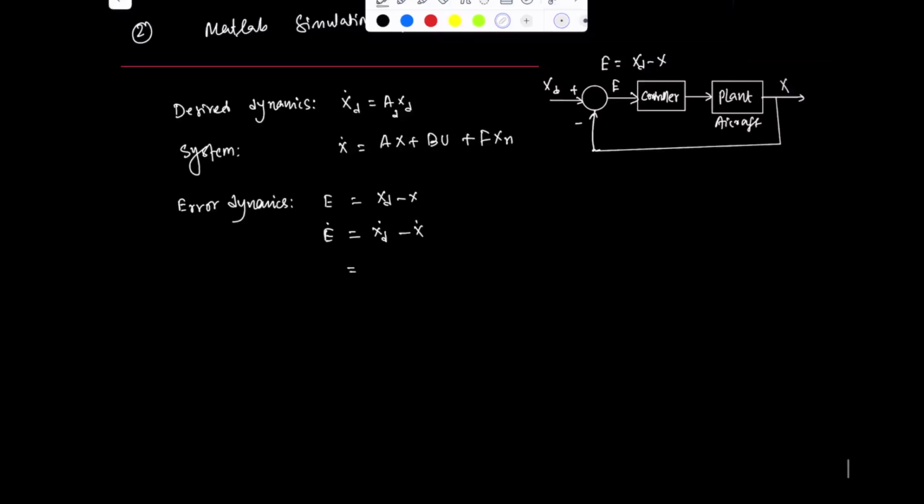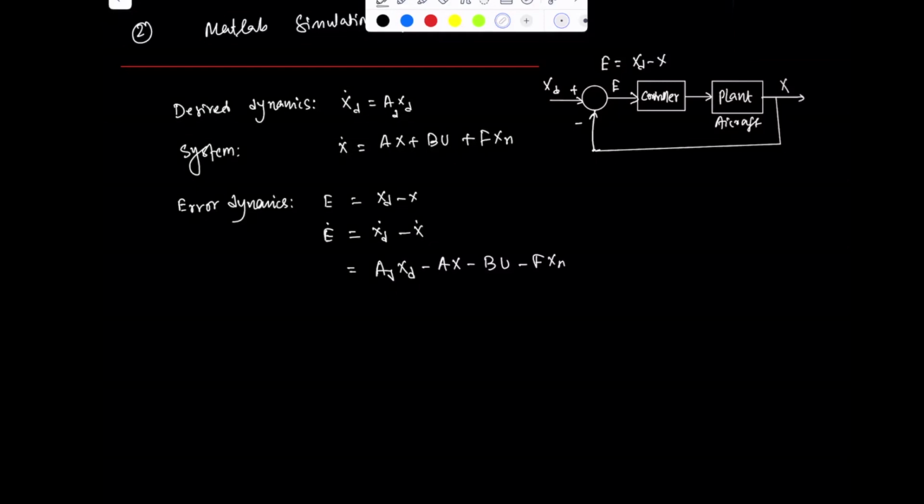And from this we can write AD xt minus Ax minus Bu minus f xn.